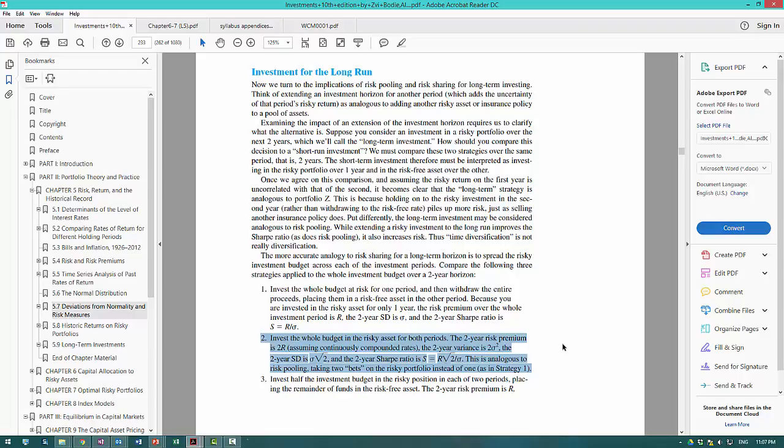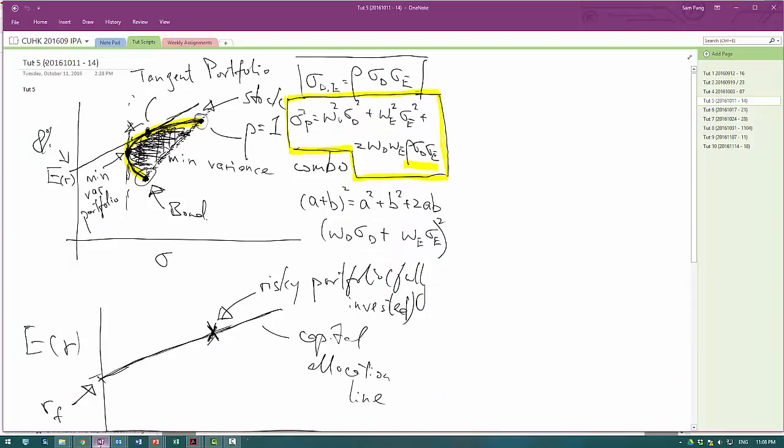In the end, that's what that means. Do not hold it for a short time. Hold it for a longer time in order to reduce your risk. Okay, now that's the practice. Now I already talked a lot about the theory, and why the return goes up, but the risk also goes up. So it's not really the simple stuff that we've been talking about here.